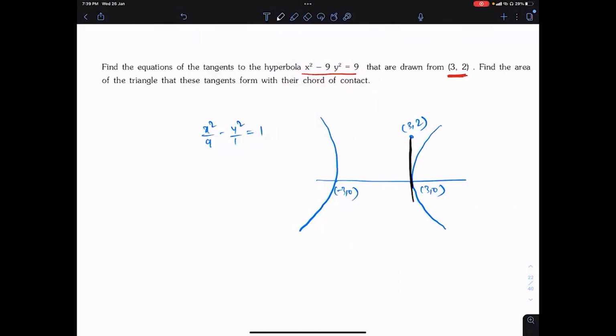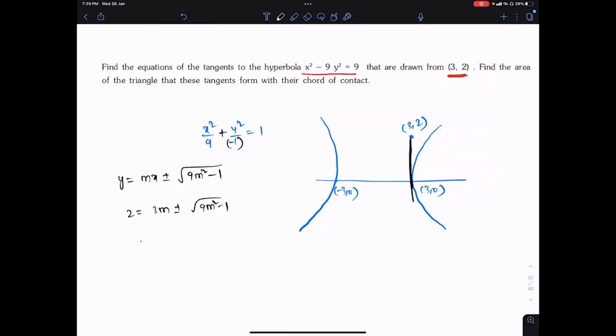Okay, let us see. So what is the general equation of tangent? y is equals to mx plus minus square root of 9m square, here minus 1. Substitute (3, 2): 2 is equals to 3m plus minus root 9m square minus 1.